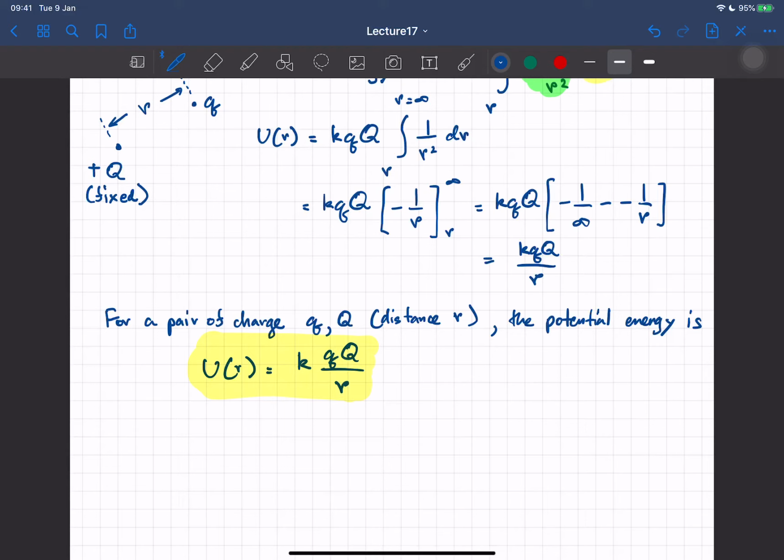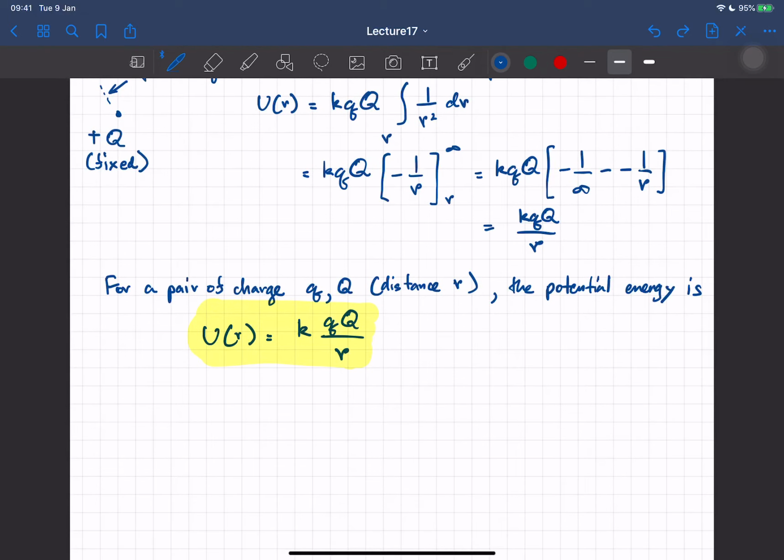So for the force to make sense, you have to introduce electric field. Then you can talk about one charge. Similar here. If you want to talk about potential energy, you need a pair of charges. One single charge, it doesn't make sense to talk about potential energy. In order to do that, we need to define another thing, which we're going to do later. But at this point, let's not do that yet.